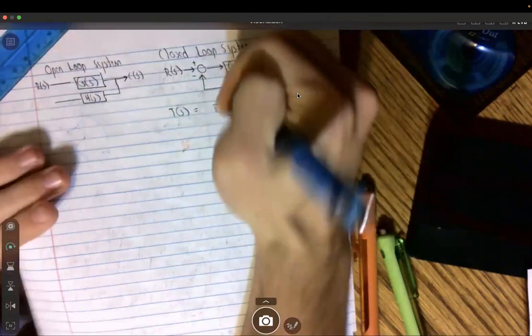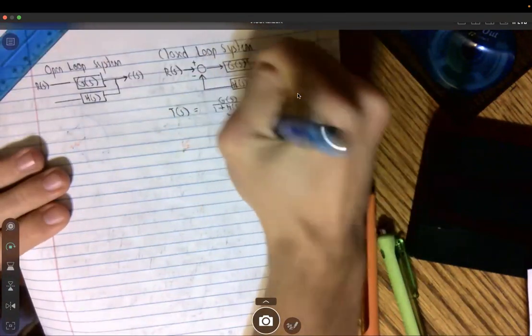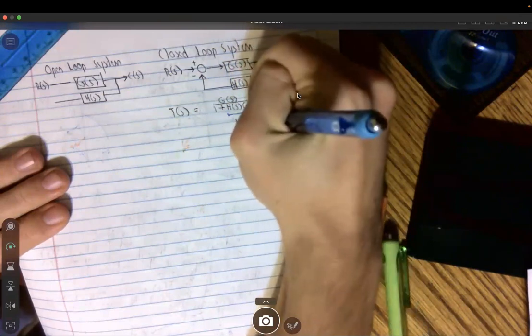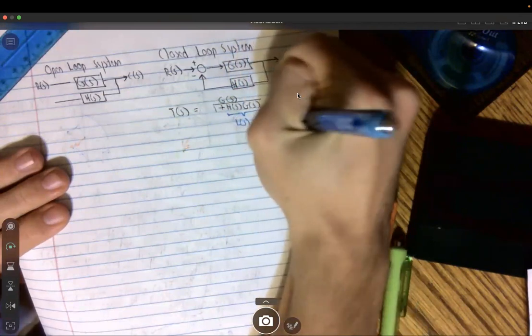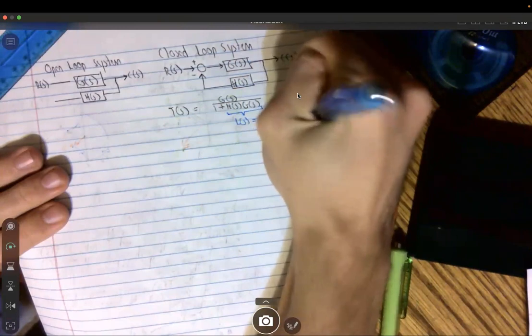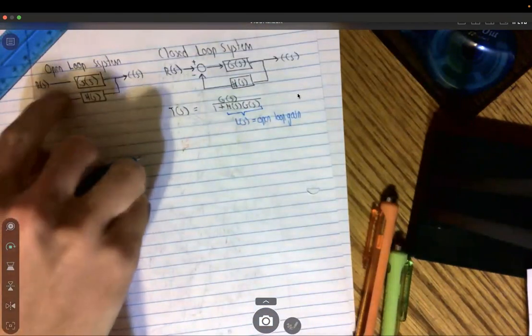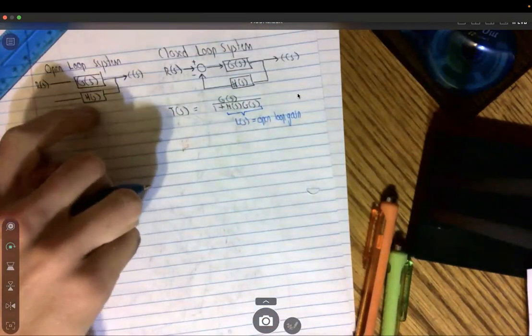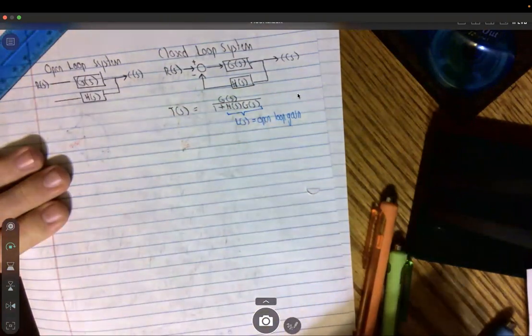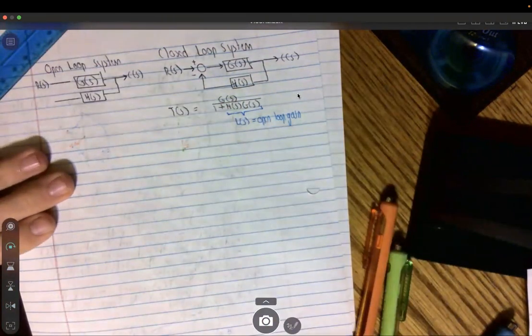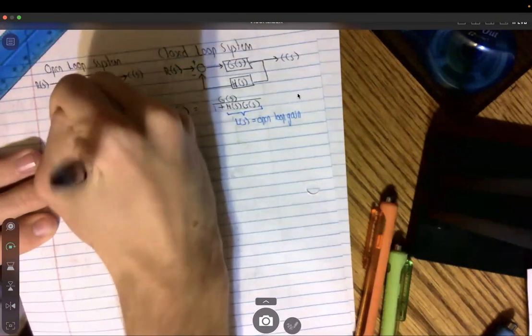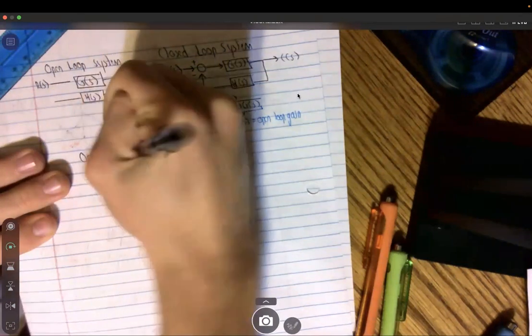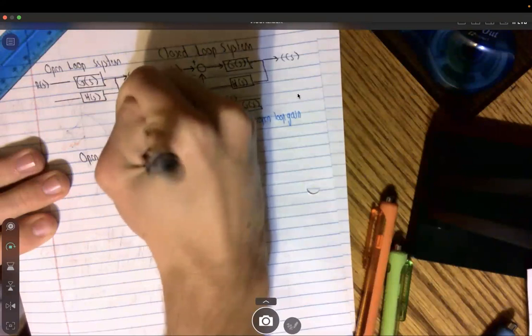The H of S times G of S is known as L of S, which is the loop gain, the open loop gain, which we see right here, because when it's open, the gain is just G of S times H of S. So that's where it comes from. So we're going to look at the open loop and closed loop poles.